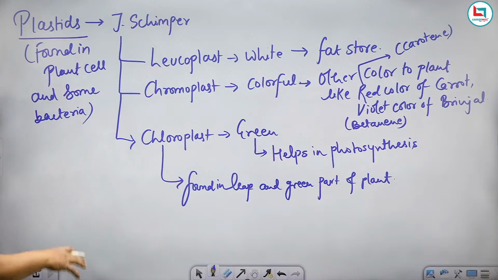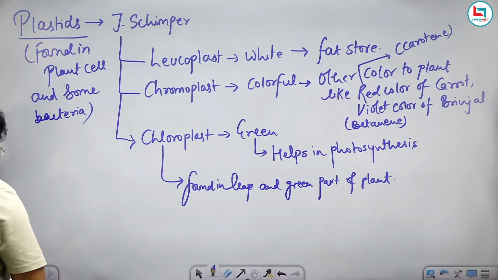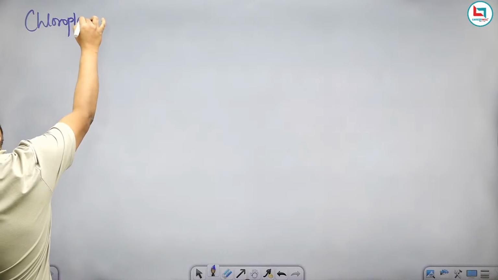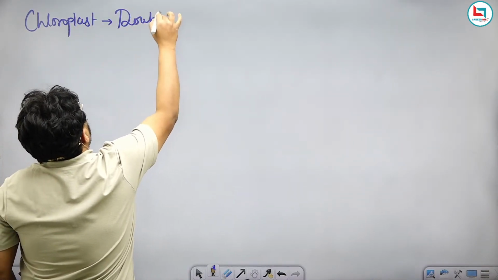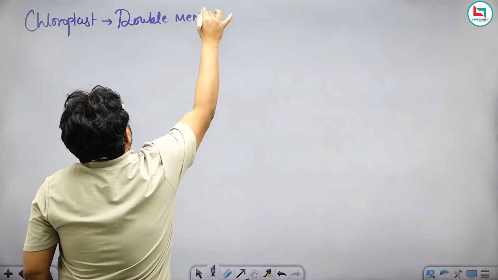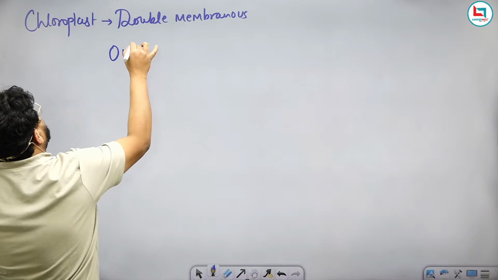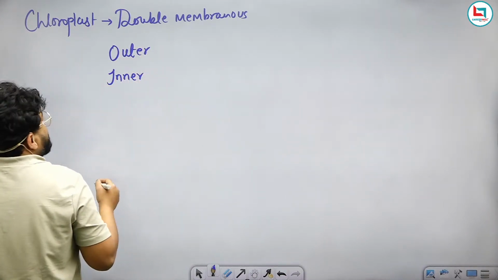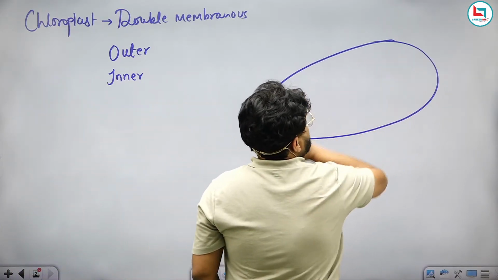Now we have to discuss mainly the chloroplast. Fine. So just like mitochondria, this is also a double membranous structure, means it is made up of two different membranes, the outer membrane and the inner membrane. Now let me draw the diagram of chloroplast first. So this is the chloroplast.